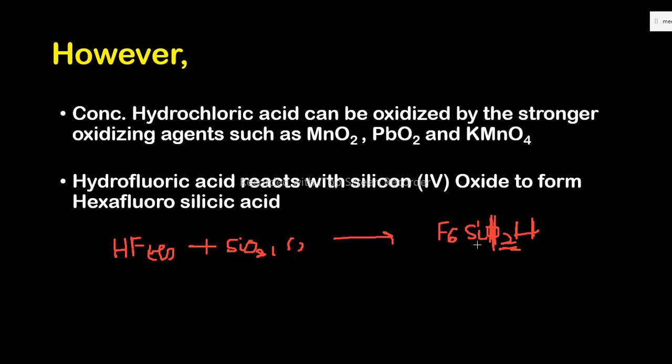It is just F6 and then Si, and the whole of it is a complex with the 2 minus. So I write H2, then my Si, and then F6.